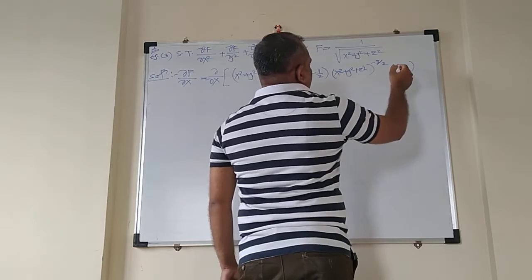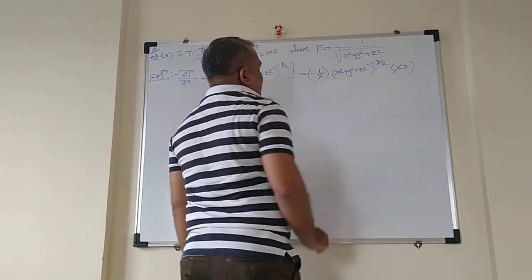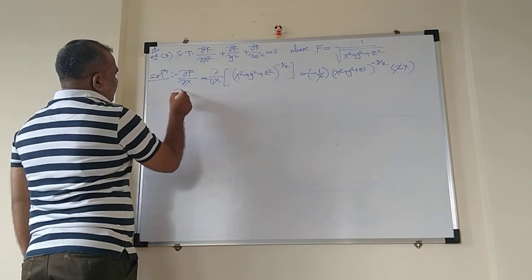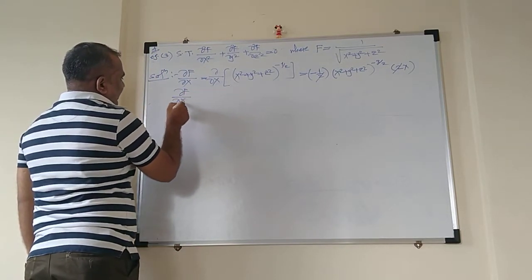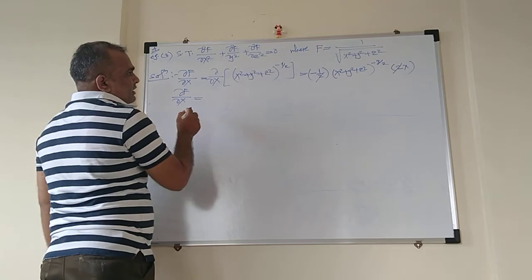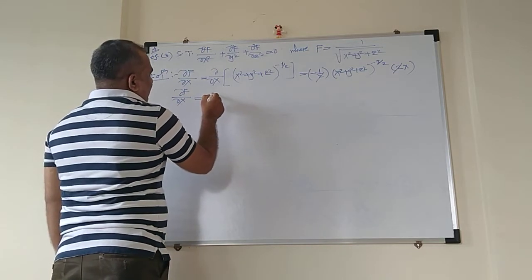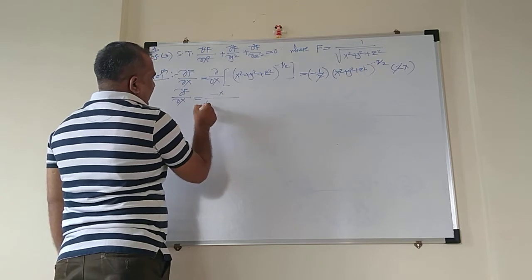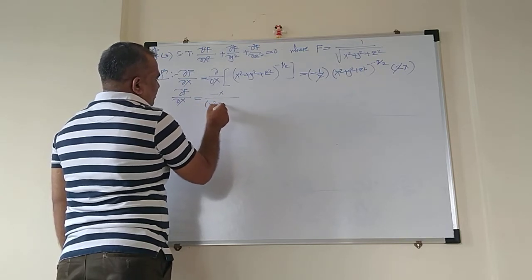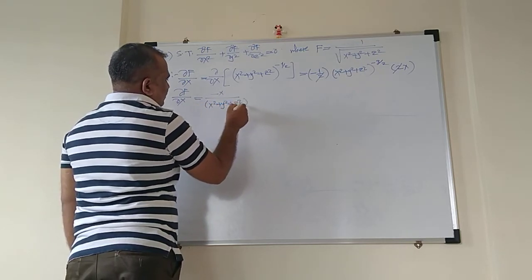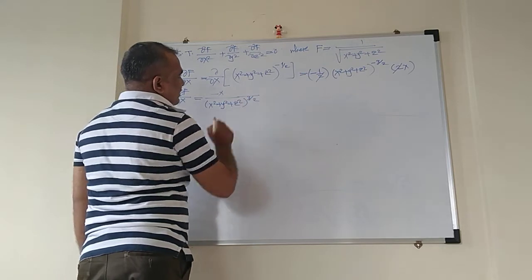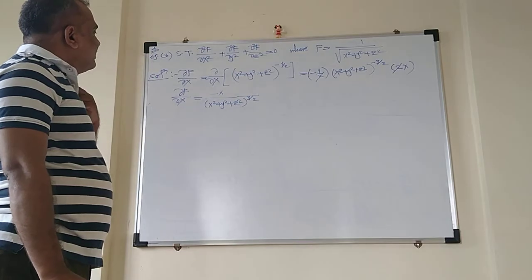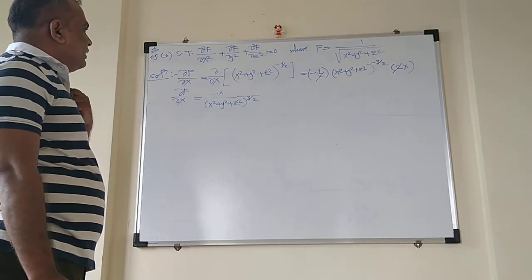Fine. So this 2 gets cancelled with this 2 and you will get dou f by dou x, or fx, is equal to minus x divided by x square plus y square plus z square raised to power 3 by 2. Fine. We got the first order partial derivative of the function with respect to x.